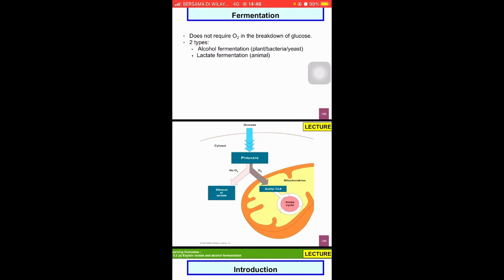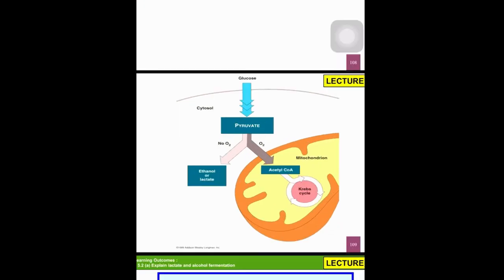So, dekat proses Krebs cycle ni lah akan adanya banyak production of NADH dan NADH2. So, bila dah banyak sangat NADH dengan NADH2 ni, baru dia akan pergi dekat electron transport chain ni, dekat kristal ni, untuk menghasilkan 38 ATP. Gitulah. Okay. Tapi itu kalau adanya oksigen.